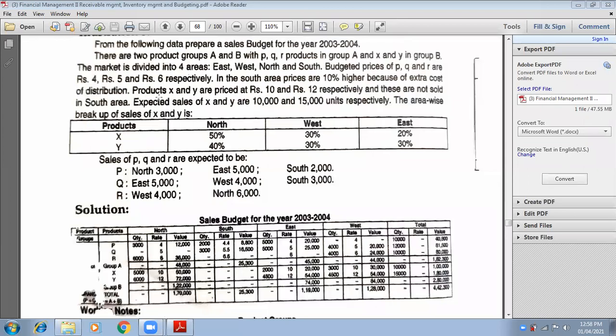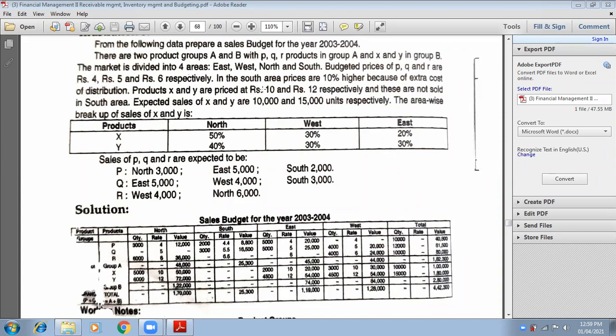Product X and Y are priced at 10 rupees and 12 rupees respectively. Means X is 10, Y is 12. Did they say to increase or decrease anything here? No, ma'am. So it will be same. 10 rupees will be same.